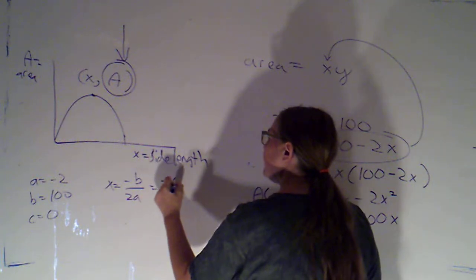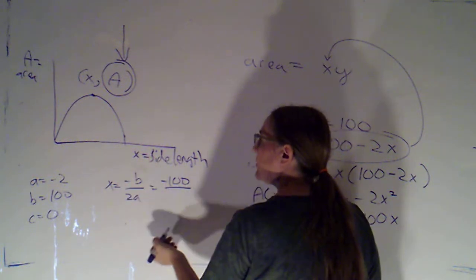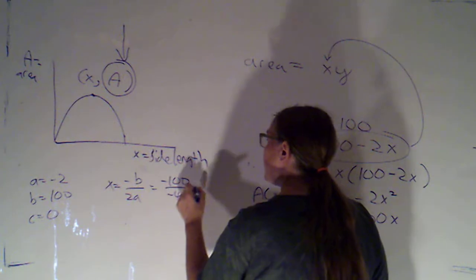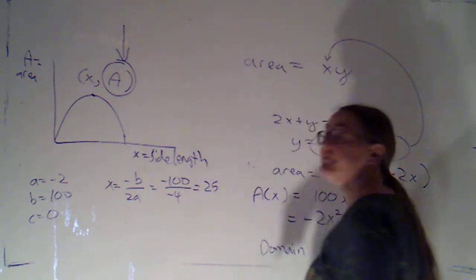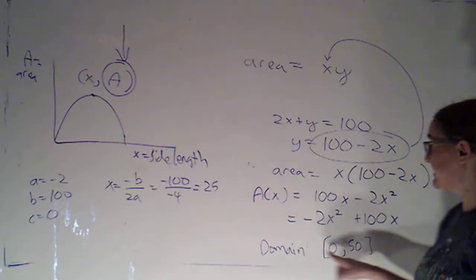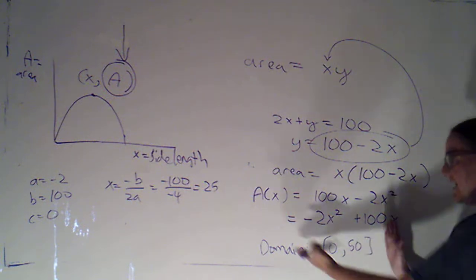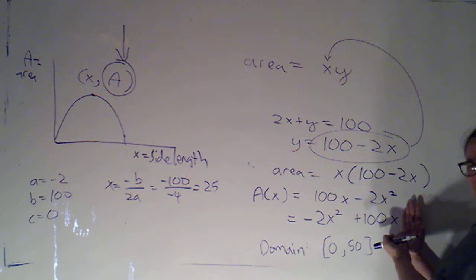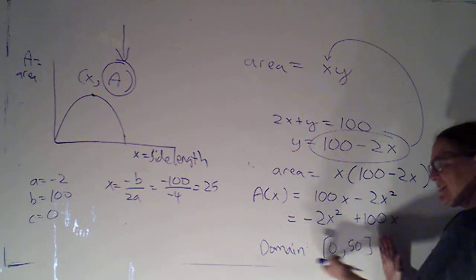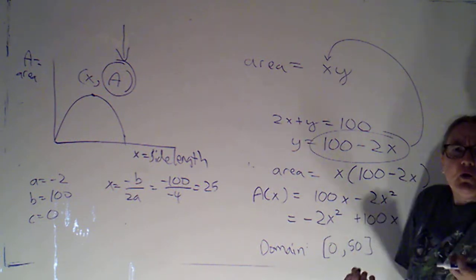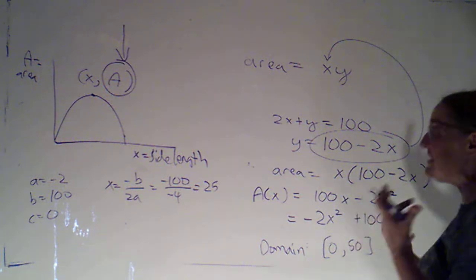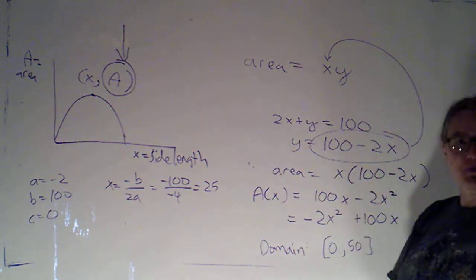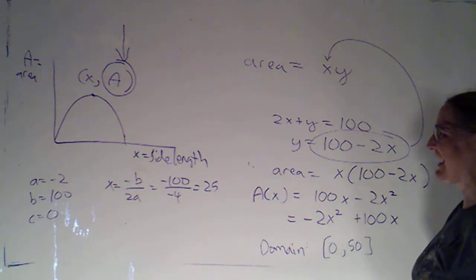That's going to be -100 over -4. That's at +25. Very good to see that that is in the domain for this problem. Obviously, it's in the mathematical domain for this function, but this is within the constraints of the real world settings. I can actually build something using 25 feet of fencing for each of the x sides.